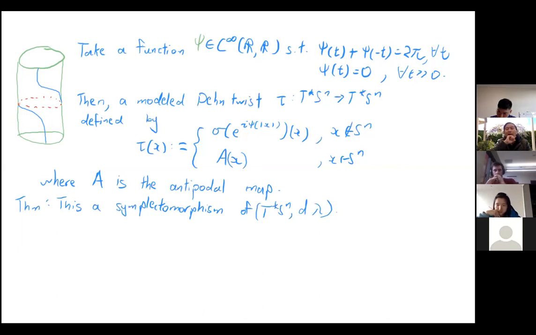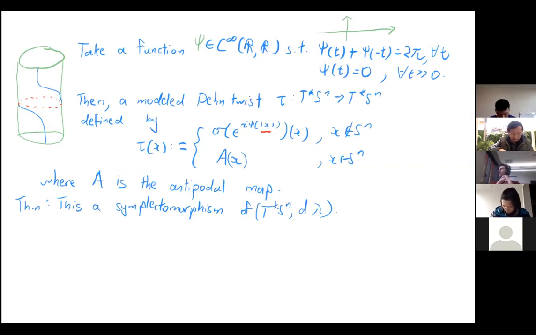I don't see any kind of symmetry. If you look at the domain of the actual definition, you only apply this psi to the norm of x. What do you mean by norm of x?